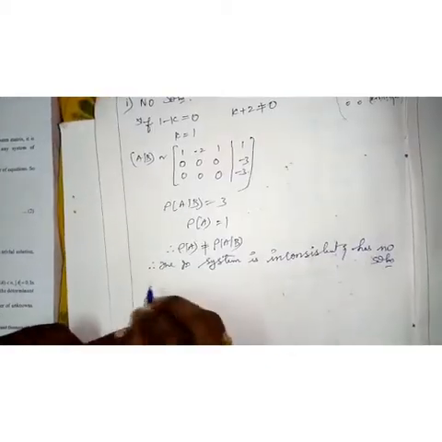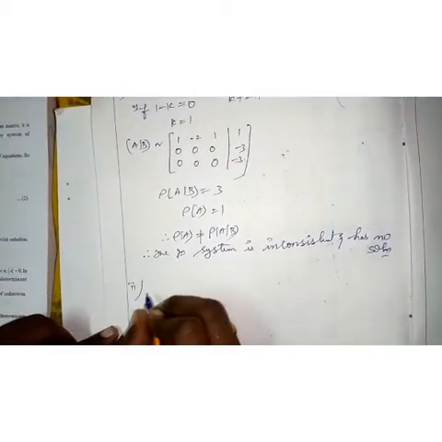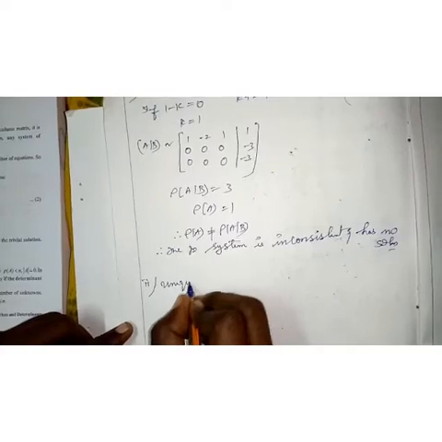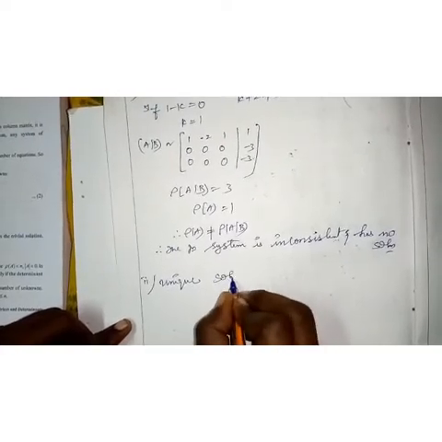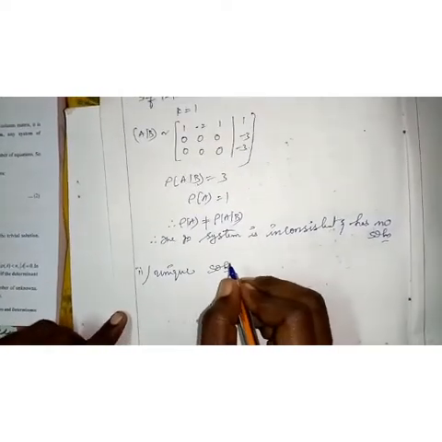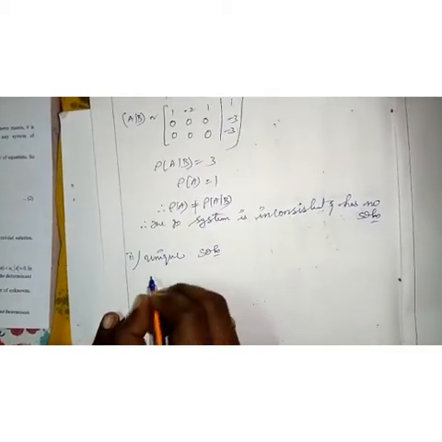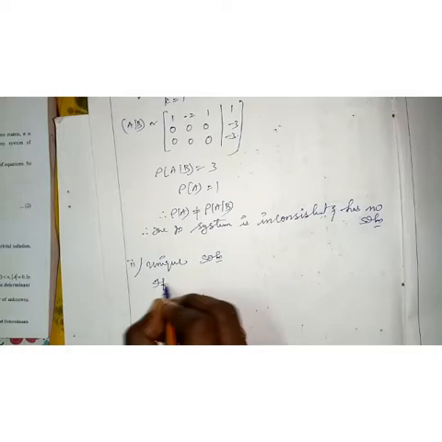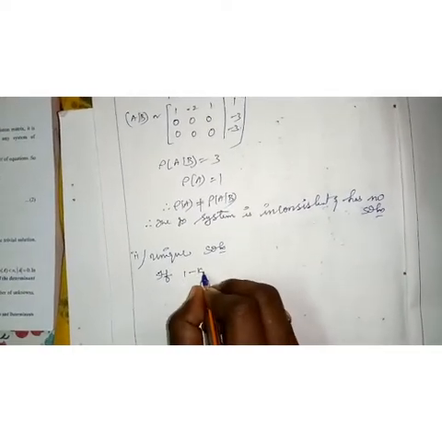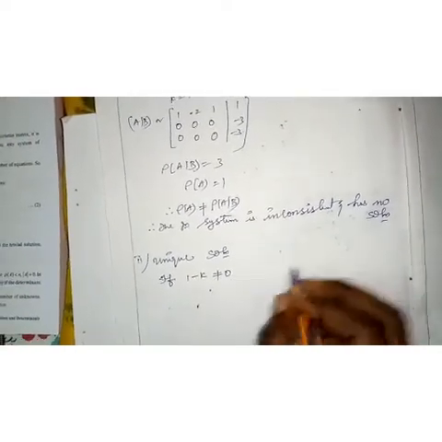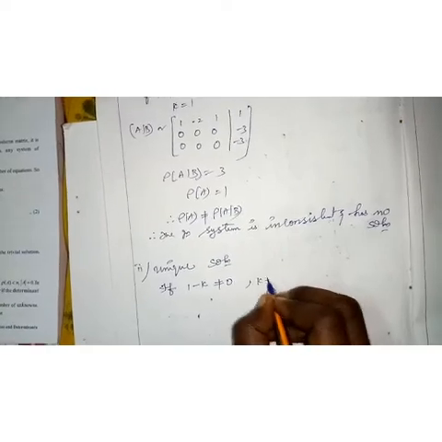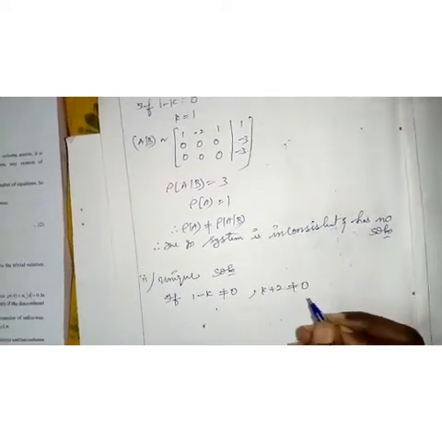Okay, then go to the second one. The second one is unique solution. Unique means the ranks are the same, that is 3 and 3 I need. So how to write this? The second one: if 1 minus k is not equal to 0, k plus 2 is not equal to 0.